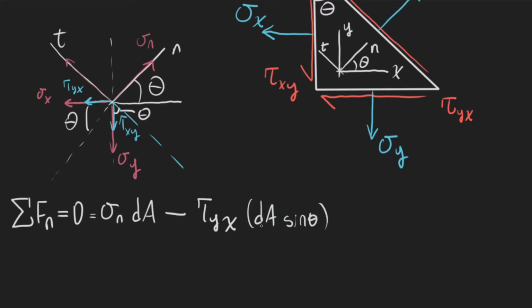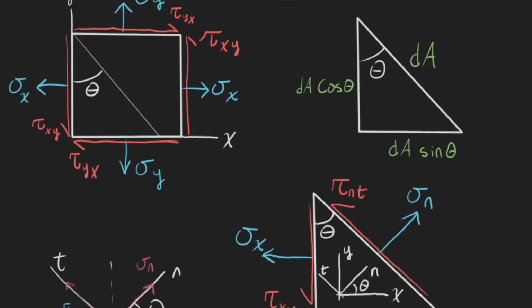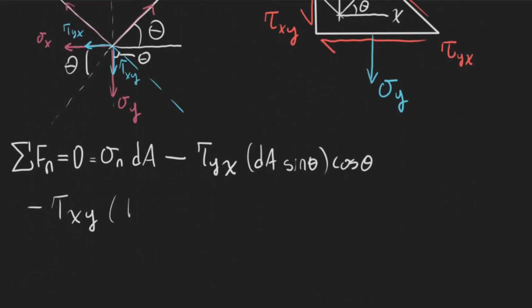And then we'll also have to multiply this by a cosine of theta in order to project this onto our normal axis. Now, for our shear xy, it's also going to be in the negative direction. Our shear xy is in the vertical direction, so we're going to have a dA cosine theta.